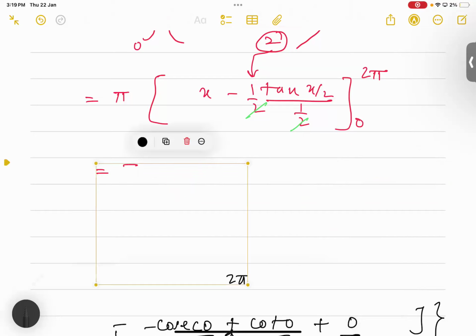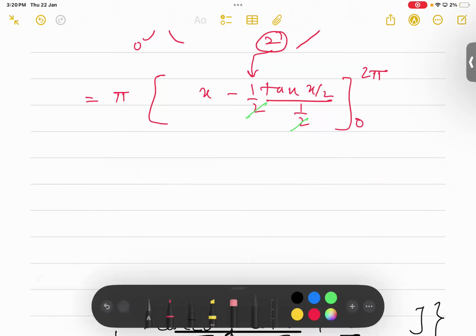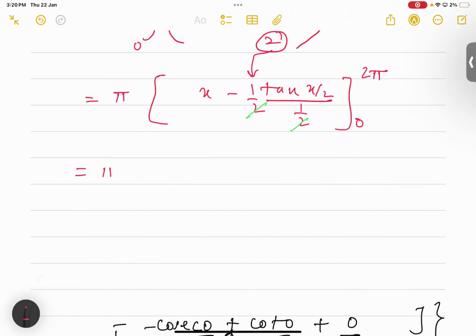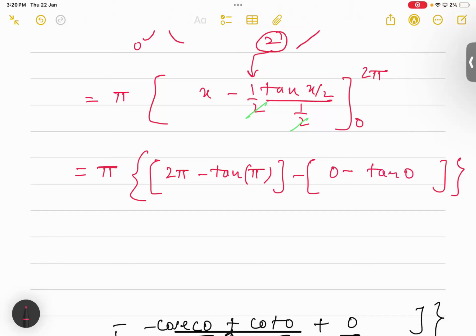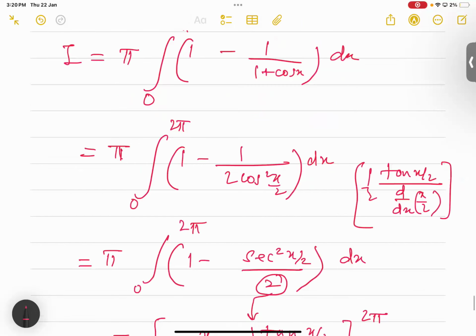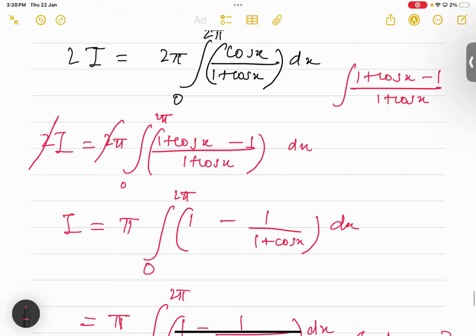Yes, pi, box minus box. 2 pi minus tan, what is 2 pi upon 2? What is tan pi? 0. Tan 180 is 0. So this is 0, this is 0. 2 pi square. And that is the right answer. The two gets cancelled. It's okay.